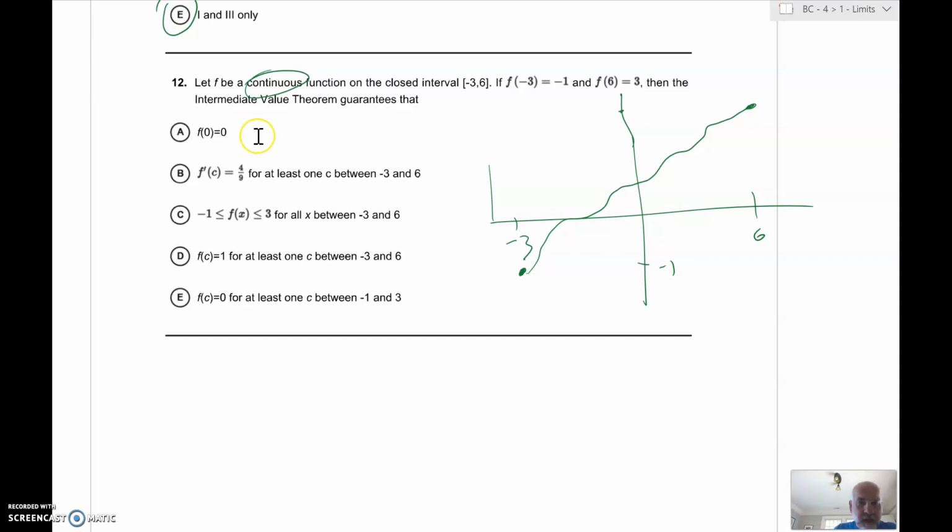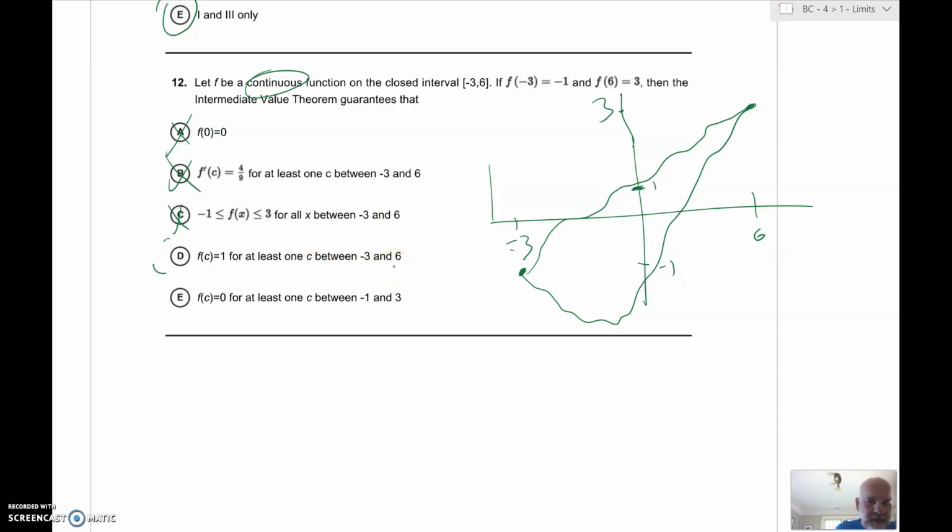Which one is that? f of 0 equals 0? No, it doesn't have to be. f prime of c, what is that? That's chapter 2. x has to be between negative 1 and 3 for all x. Now, my drawing looks that way, but it didn't have to be. It could have gone like that also. And so that one's not true. f of c equals 1 for at least one c between negative 3 and 6.